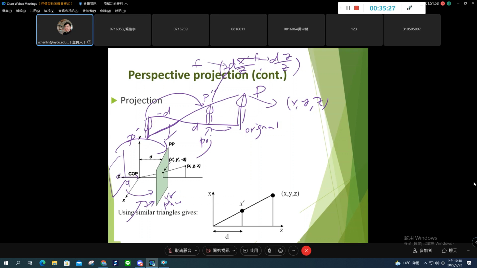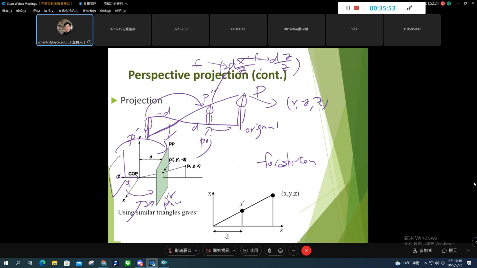Yeah. So this kind of projection can explain or mimic the real idea of the so-called foreshortening. The idea is, what does foreshortening mean?